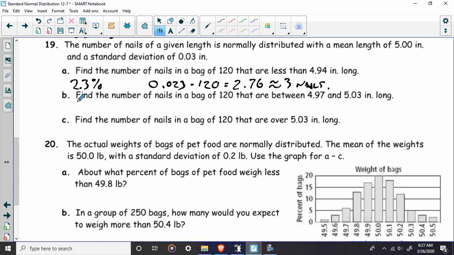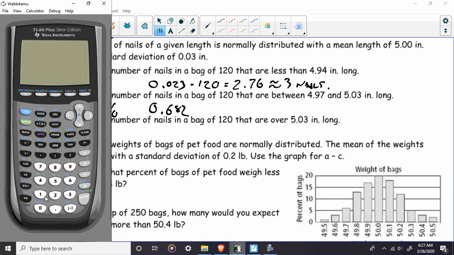So again, it's 68.2%. Well, the first thing you need to do is convert that to a decimal. So that's going to be 0.682. Again, if you've forgotten how to do that, you just divide it by 100: 68.2 divided by 100, or percent per 100. Okay, so 0.682.